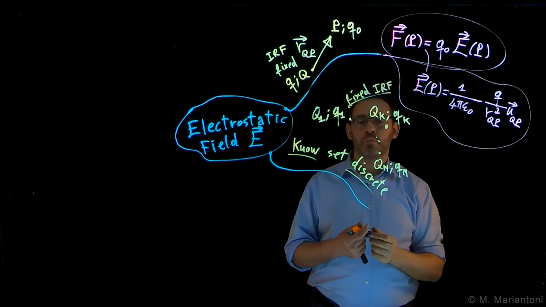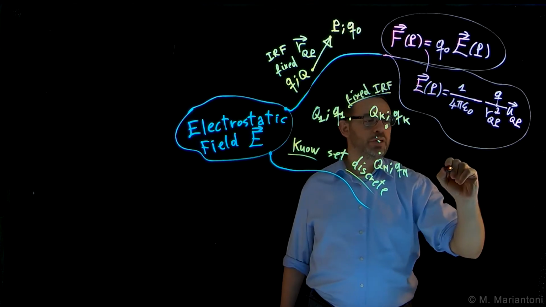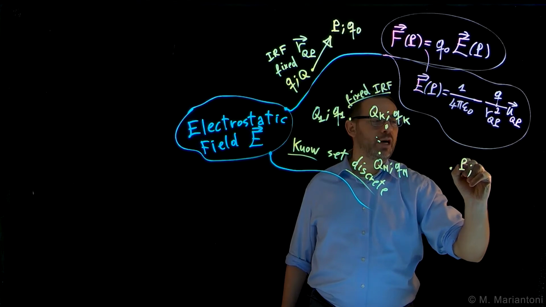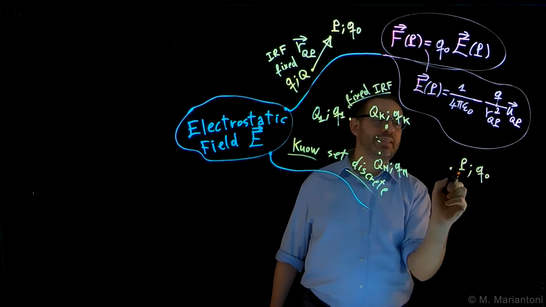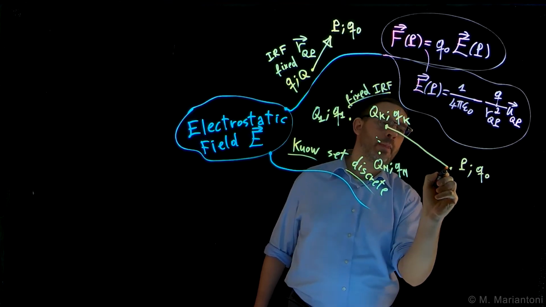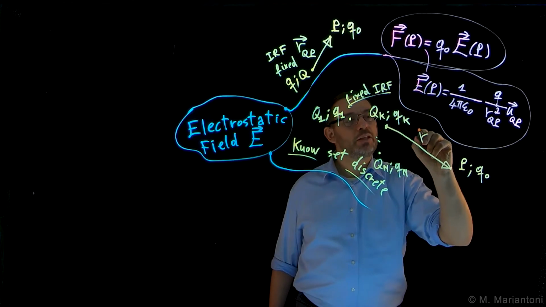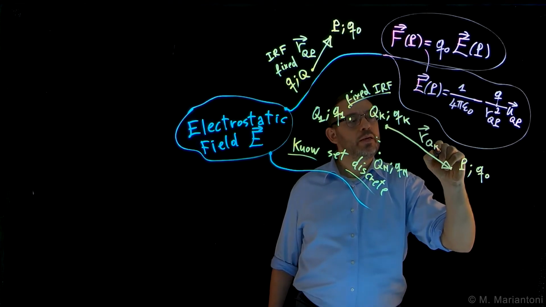Under these conditions, if we observe at the point capital P with a test charge Q naught, this distance we call R vector QKP.